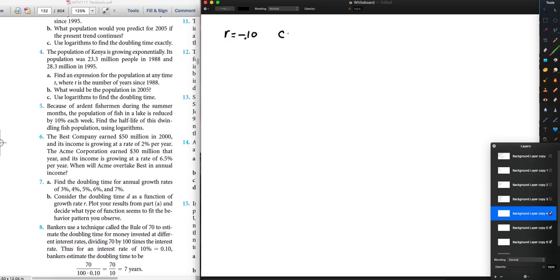So that makes C 1 plus negative 0.10, which is going to be 0.9. So I can write my exponential growth decay equation here: P0 times 0.9 to the t.